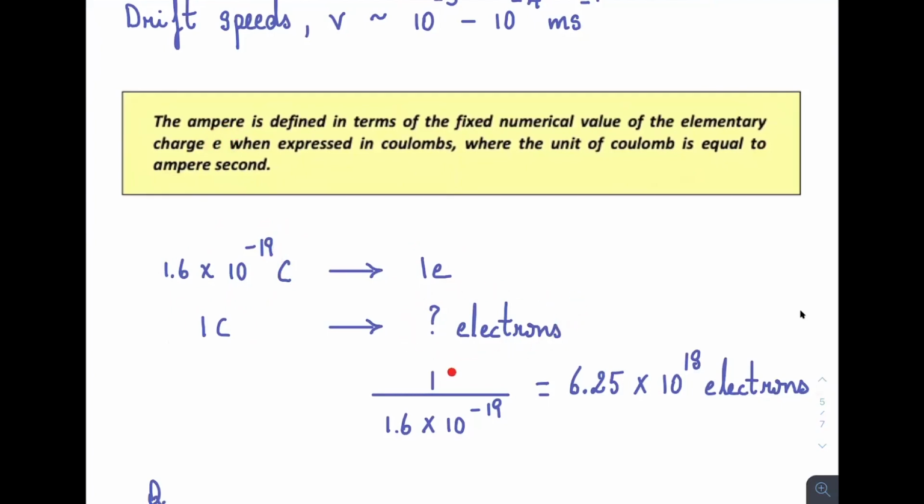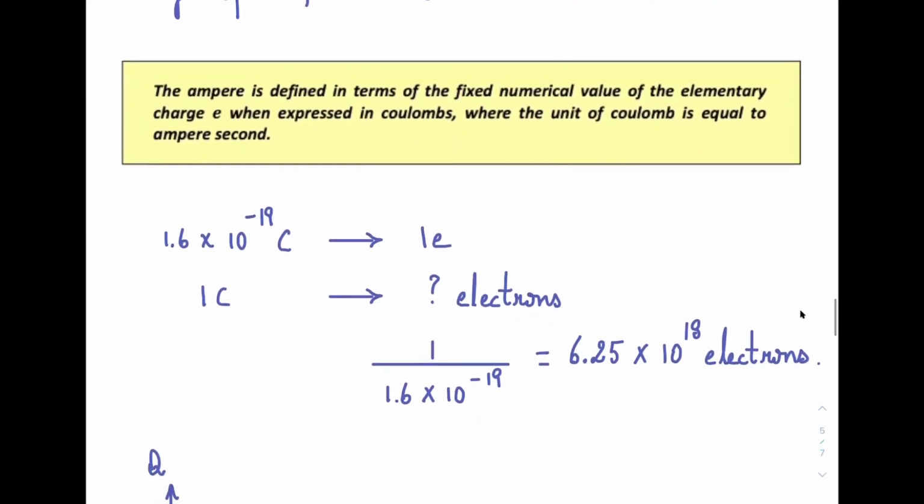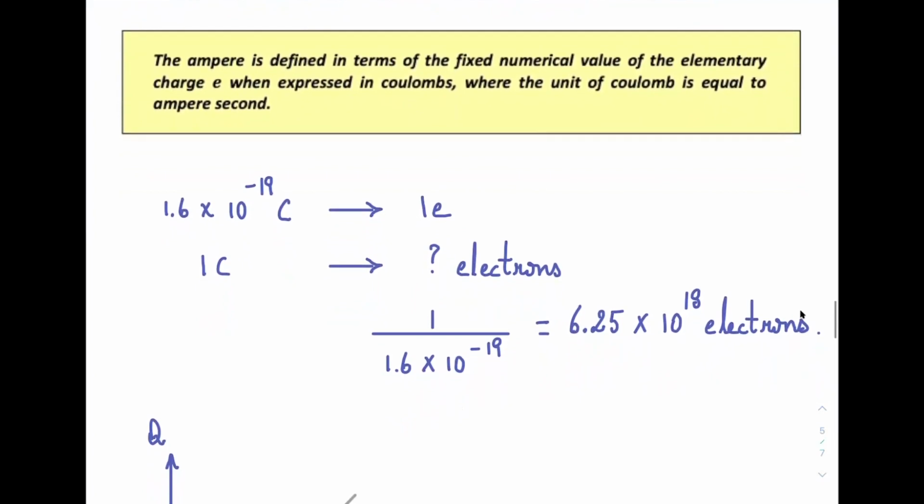It is simply 1 divided by the charge e, which gives us 6.25 times 10 to the power of 18 electrons. So we are saying that 1 amp means practically 6.25 times 10 to the power of 18 electrons per second.